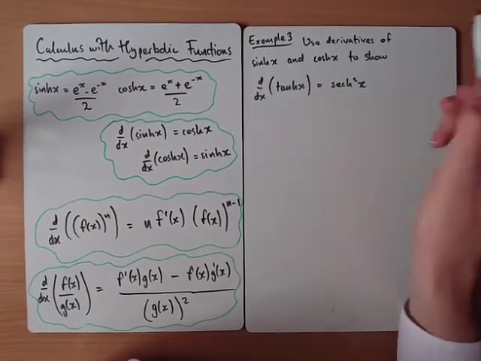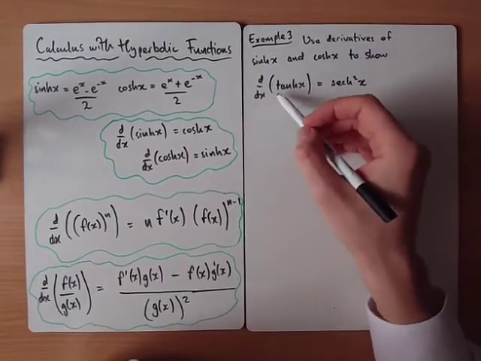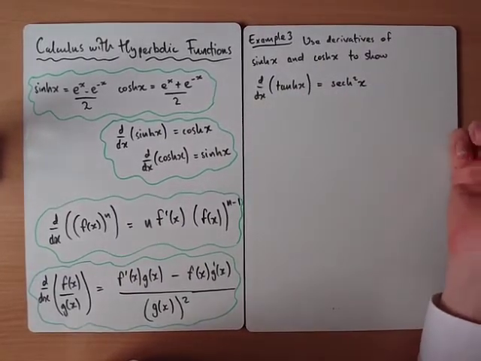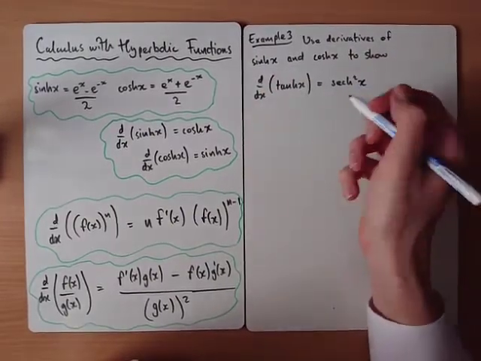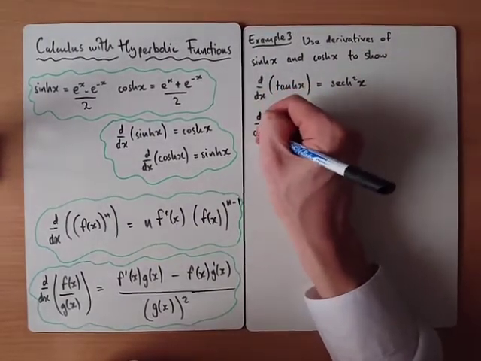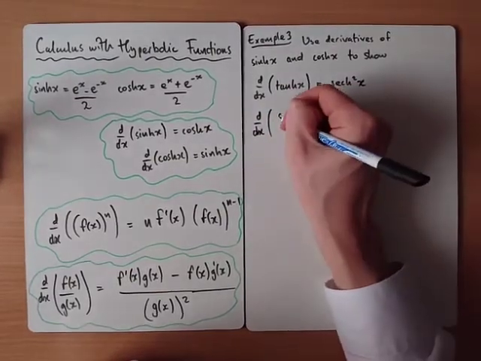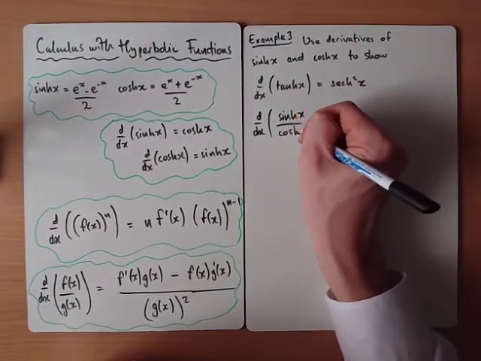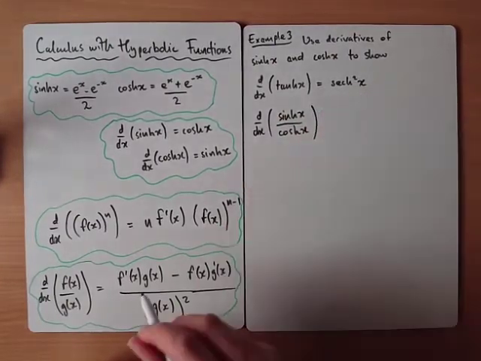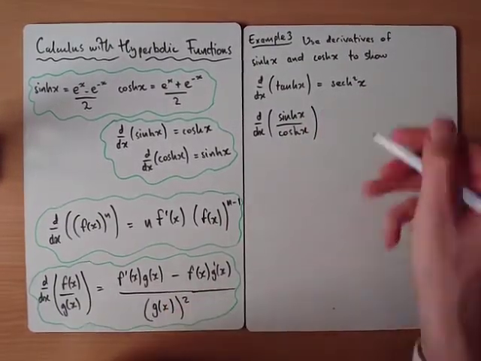Example 3 says use derivatives of sinh and cosh to show that the derivative of tanh is equal to this. So it specifically wants us to use the derivatives of sinh and cosh. If we're going to differentiate tanh, we can write it as sinh over cosh, which definitely lends itself to using the quotient rule.